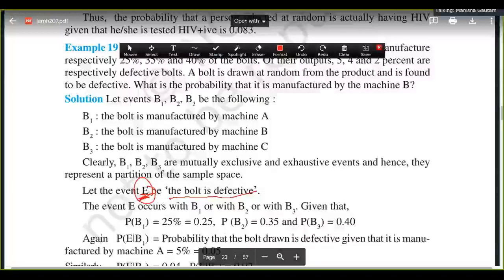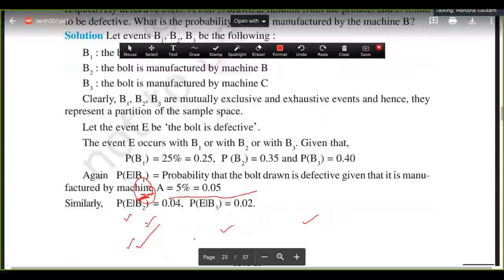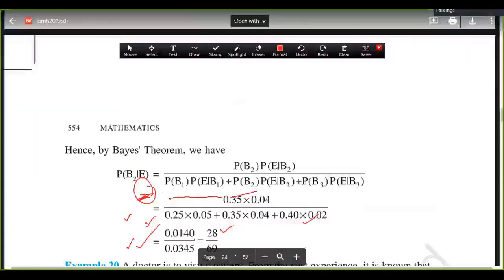And these B1, B2, B3 are like the bags, E1, E2, E3. So the events B1, B2, B3 are given to you as 25%, 35% and 40%: probability of B1, probability of B2, probability of B3. Now the bolt is defective and it is from B1, that is given as 5%. The bolt is defective and it is from B2, it is 0.04.